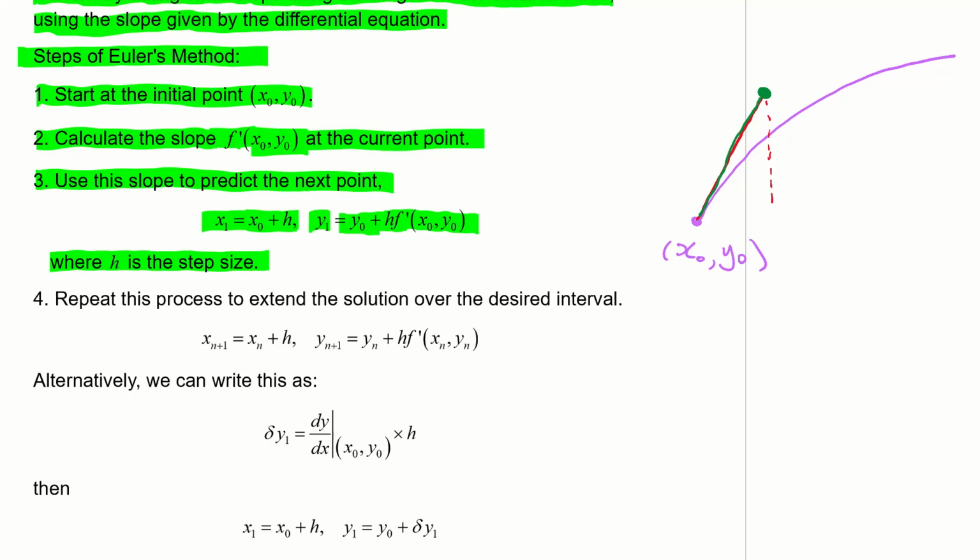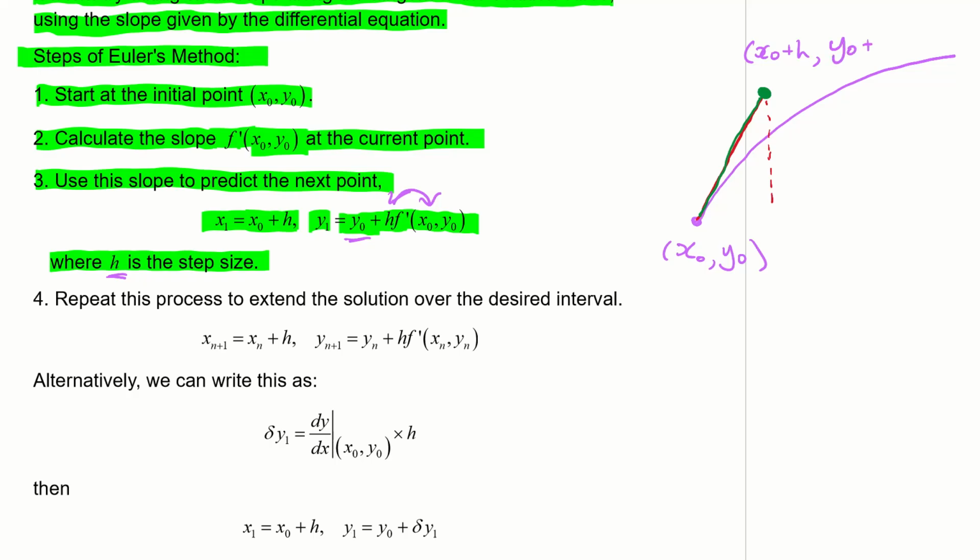If the step size is h, that means x0 plus h would be the next x coordinate, and then what we do is we calculate h times f of x0, y0, add it to y0 to get the next point, which is y1.